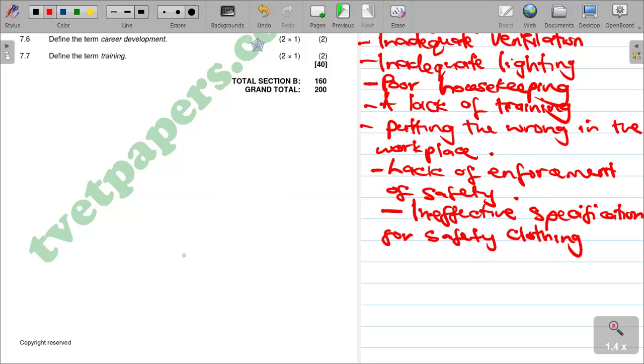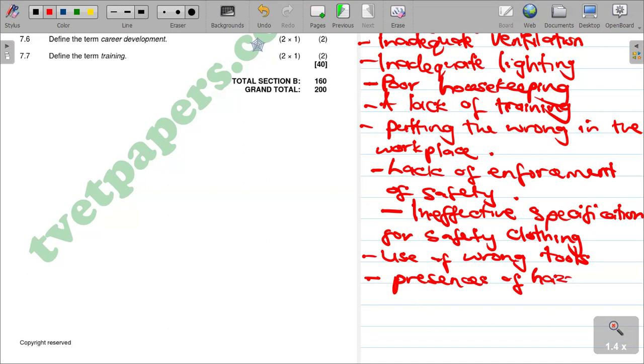Or it also might be due to the use of wrong tools, and also it might be due to the presence of hazardous materials.